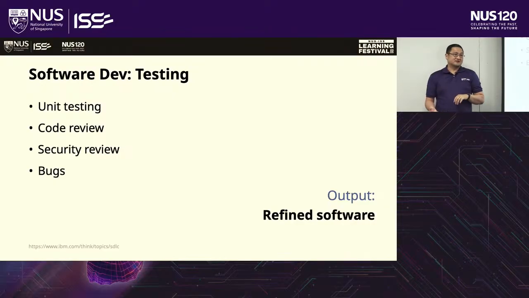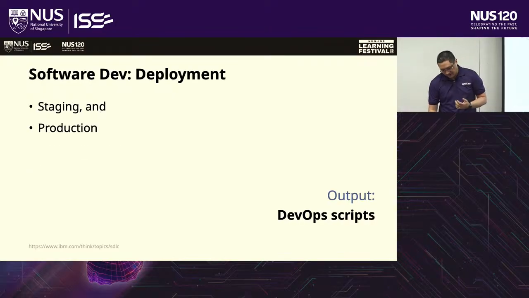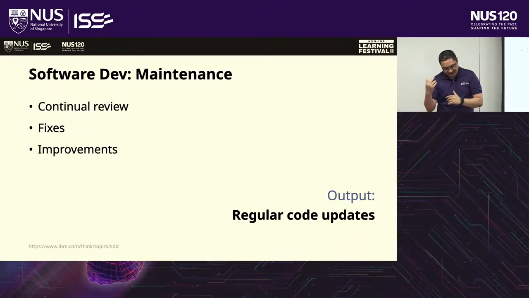Basically to eliminate bugs, check code review, check for code smells, security, and all that. And then deployment, usually done by DevOps engineers. So you write DevOps scripts, basically just deploy your stuff to the servers. And then maintenance, fixes and improvements over time and all that.